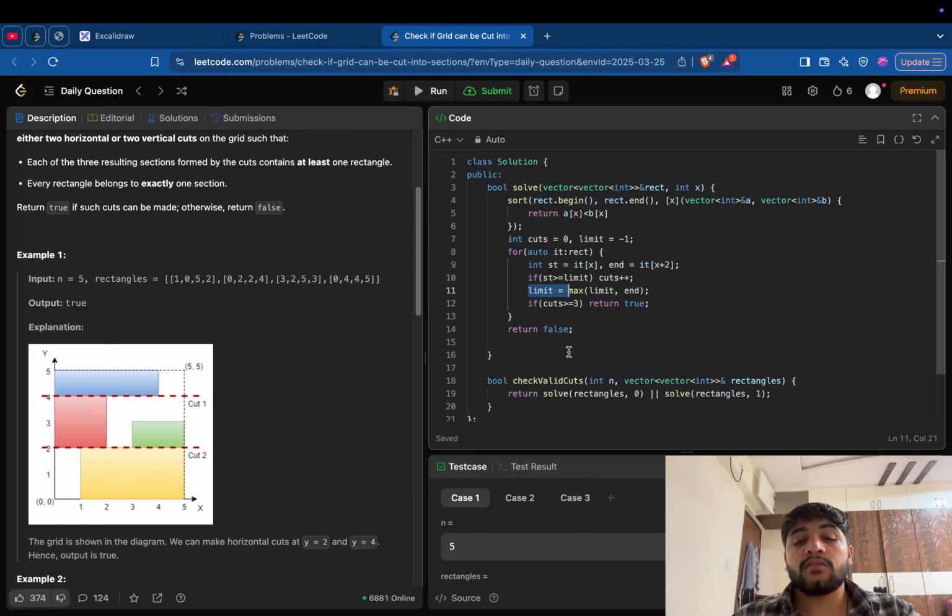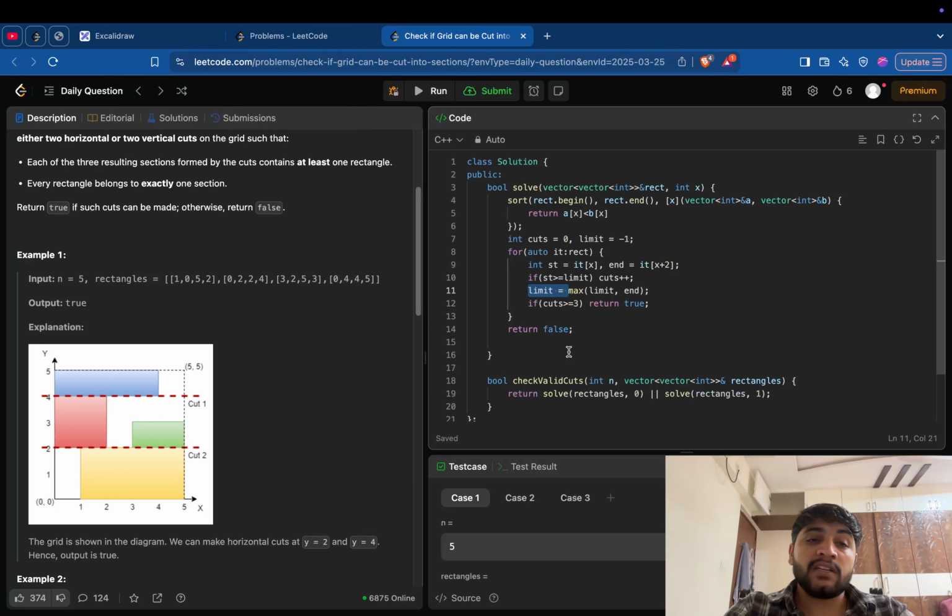And in the 3 cuts every section has a rectangle. So we solve this question on the basis of rectangles, considering the positions of the rectangles. We try to divide the sections based on rectangles, not just dividing sections randomly.